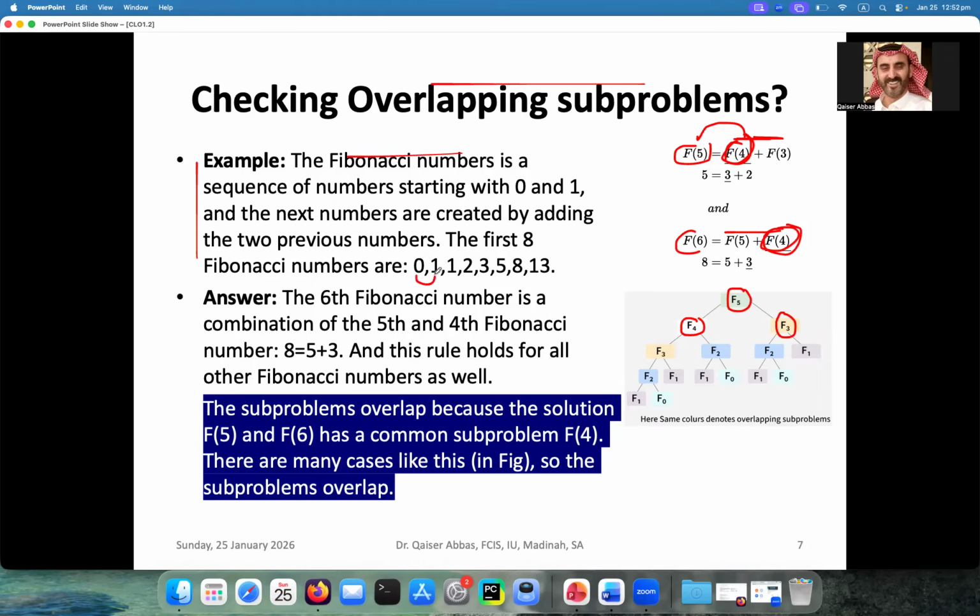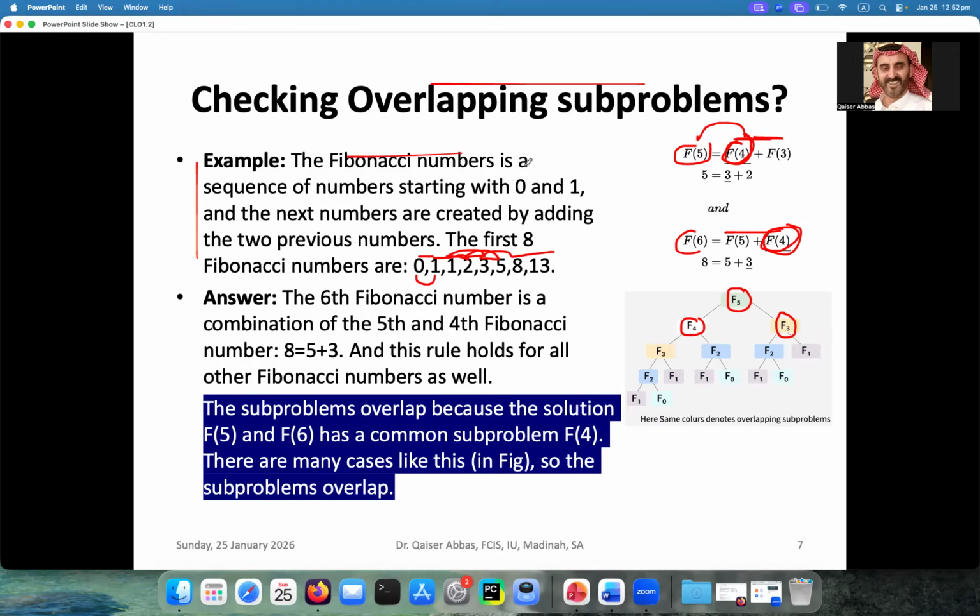Starting two numbers are 0 and 1, and then we add them and get the next one. Then we add the previous two and get the next one, and so on. This is called a Fibonacci series or Fibonacci sequence.